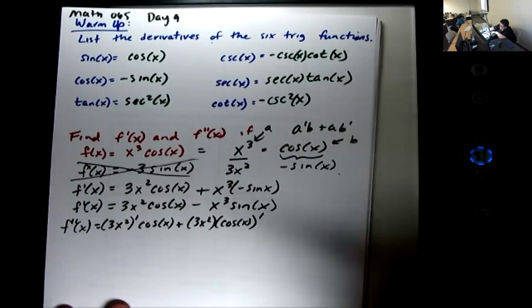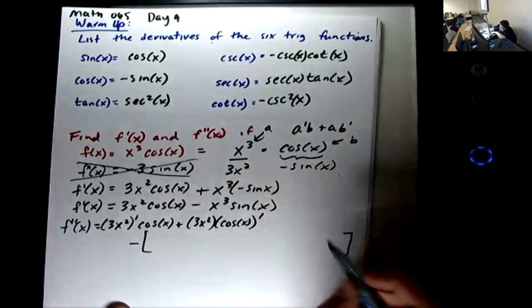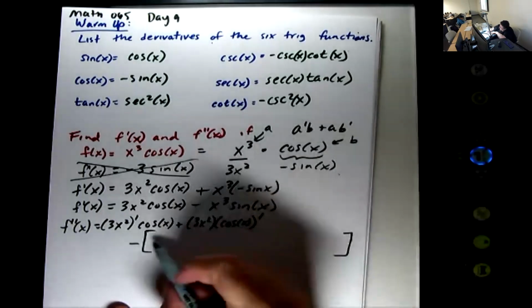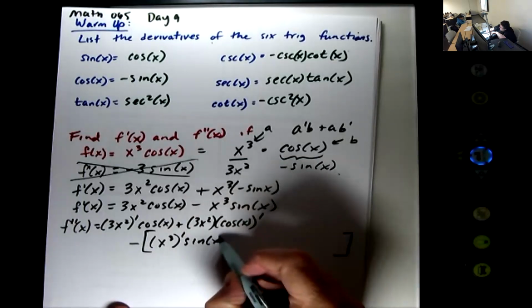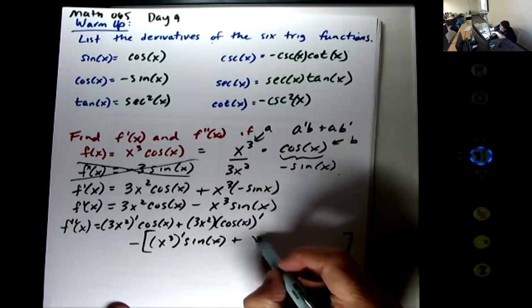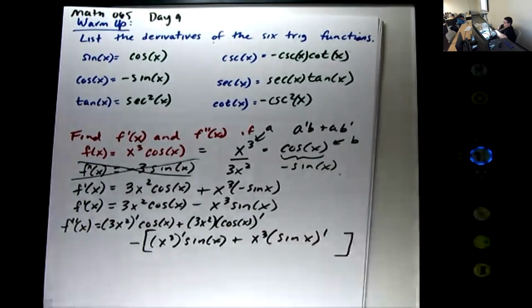And then I have minus, I'll do this all in parentheses or a big bracket here. We're going to do x cubed prime sine x plus x cubed sine x prime. I haven't taken the derivative yet. I just write it out, to make sure we don't miss it.